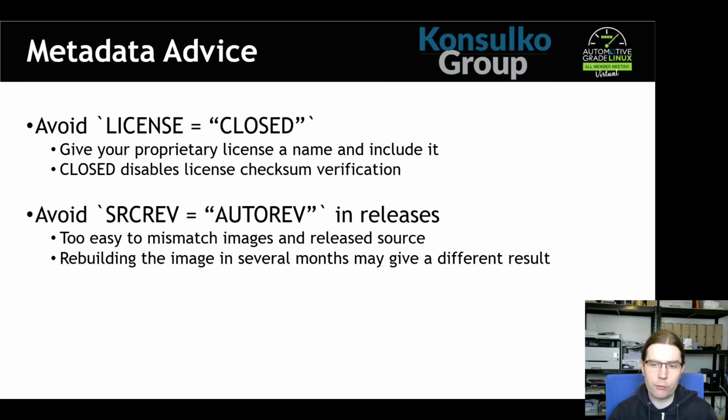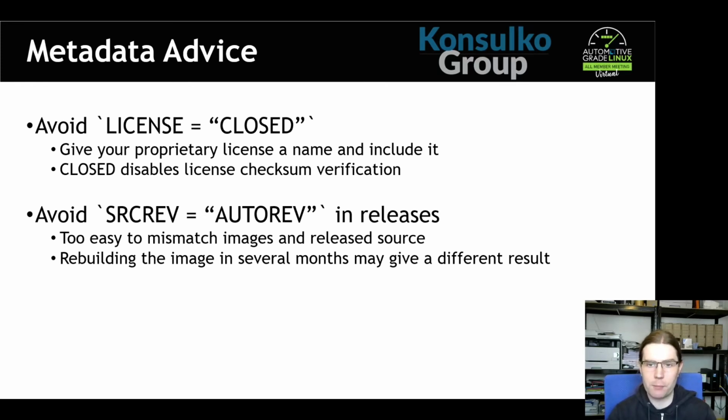I also recommend avoiding setting SRCREV to AUTOREV in releases. This can be fine during development, but it can cause a lot of problems at release time. It makes it very, very easy to mismatch the binaries that are in an image with the sources that you're trying to archive, because if something's been pushed to a Git repository just before the final build for a release, the AUTOREV will pick this up, and that might not be the version of the sources that you expected it to pick up.